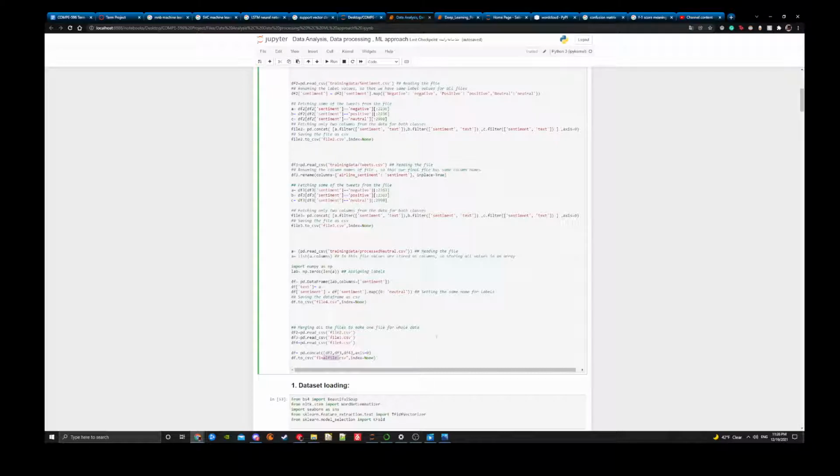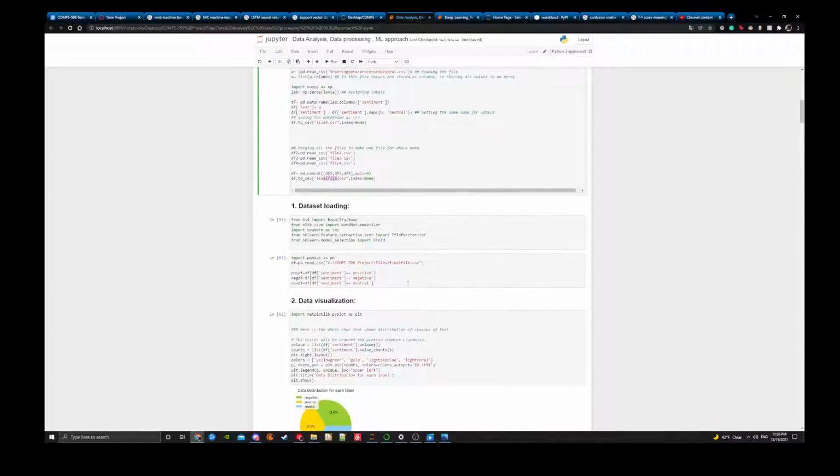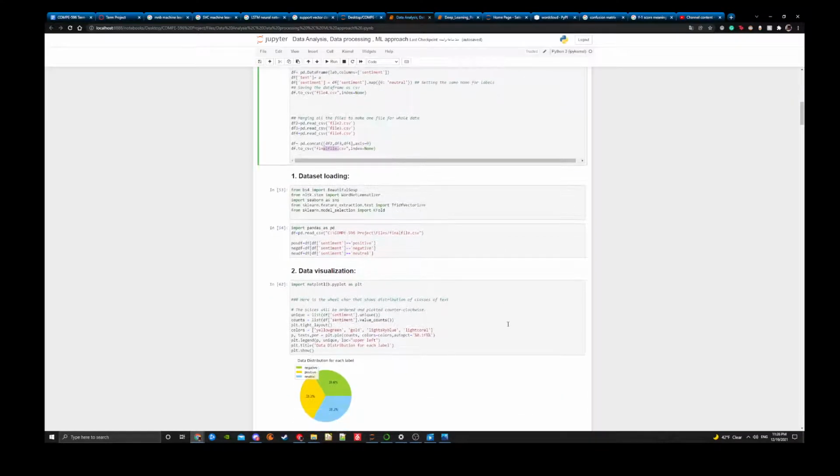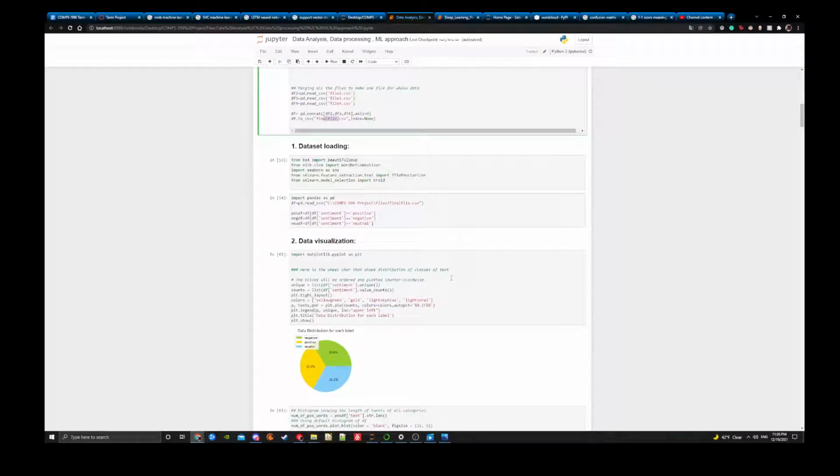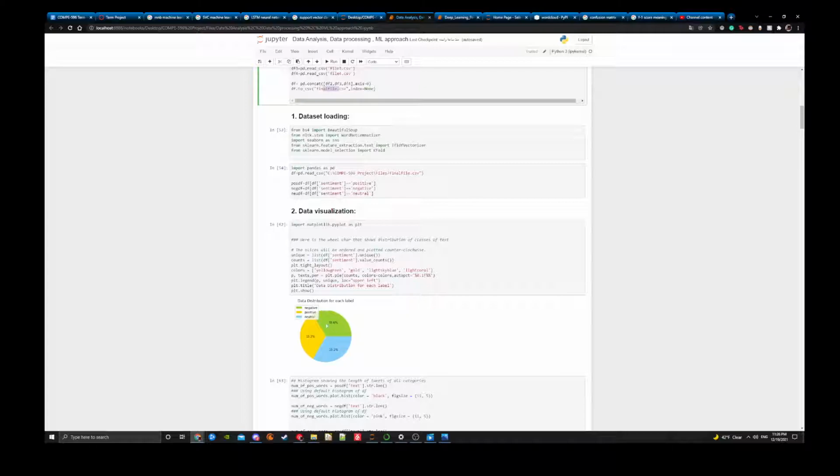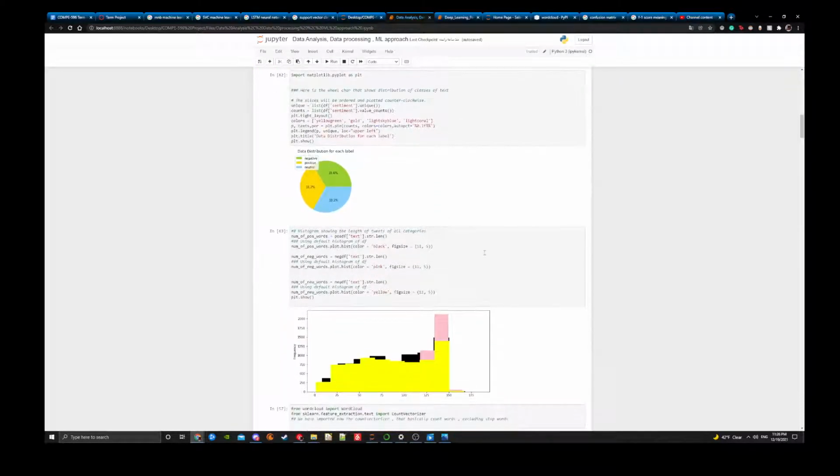Then we loaded everything with the positive, negative, and neutral sentiments, and to visualize what we've got so far, you can see these percentages for each of the negative, positive, and neutral elements, and then a histogram to also demonstrate all those sentiments.